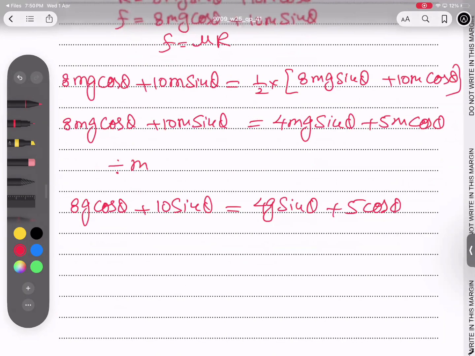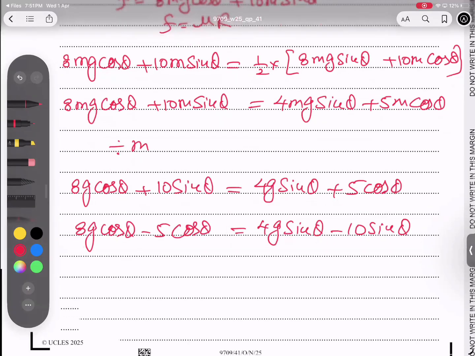Okay, now I think I can do it easily. First of all, I have to collect all sine values together, because the ultimate task is to get the theta value. So I bring this sine here and this on the other side. So I can say 4g sine theta minus 10 sine theta, and 8g cos theta minus 5 cos theta.